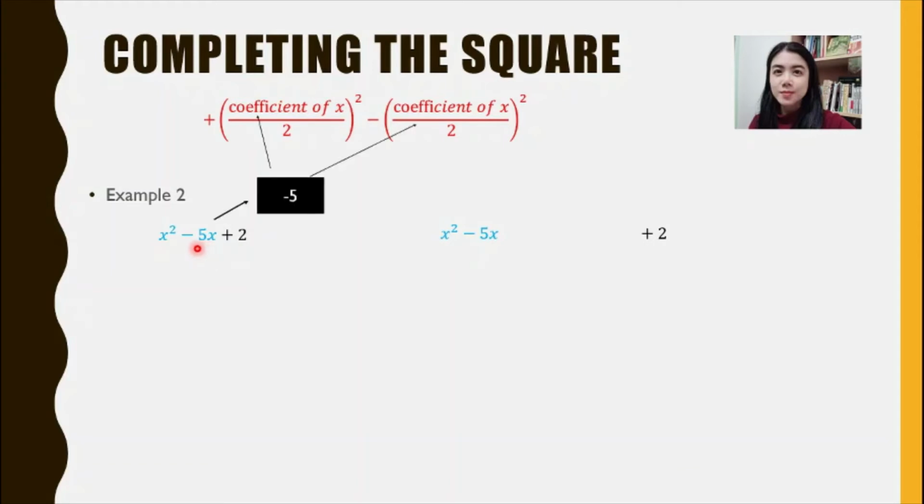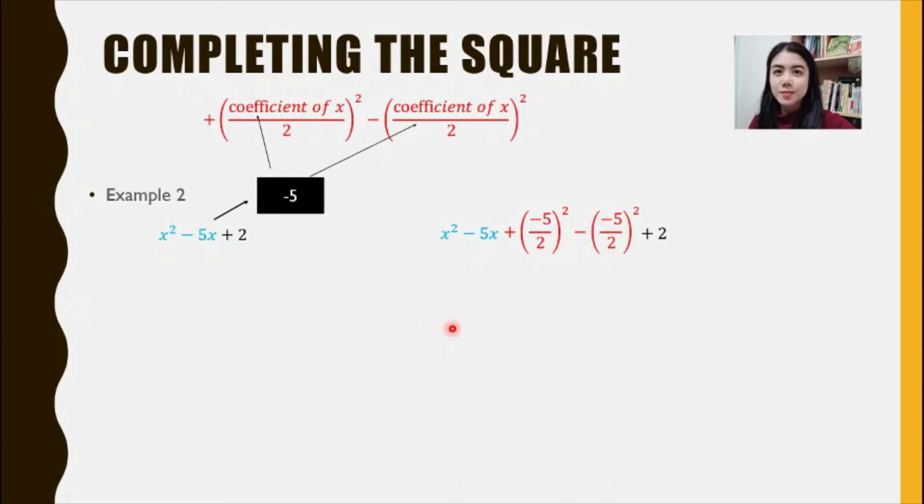The number in front of the x is minus 5. Take this minus 5 and substitute it into here and here, inside your equation. You have minus 5 here, minus 5 here.